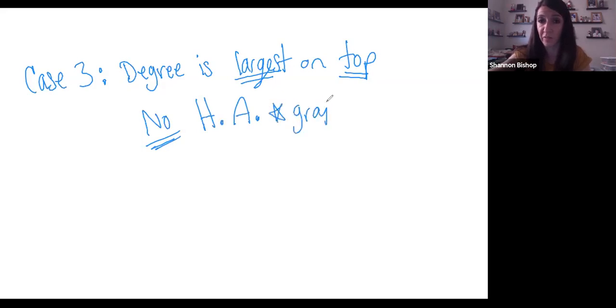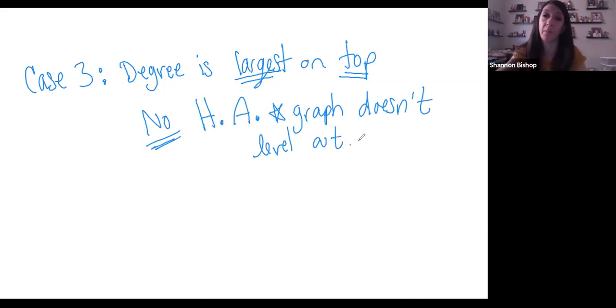The graph doesn't level out. So it just has none. You're allowed to write none if you want to, or no HA. So horizontal asymptotes are not errors, ladies and gents. What they are is the end behavior.